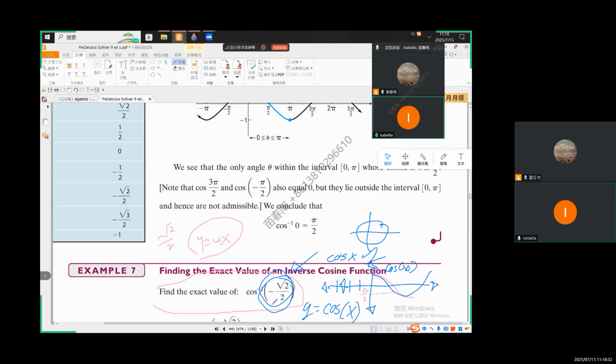Okay, so this inverse cosine is asking us when a cosine value equals negative square root 2 over 2, what is your x, right? Yeah. Okay, so I'm finding it in here, right?